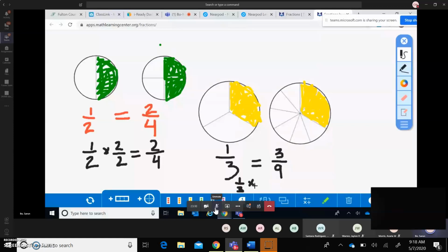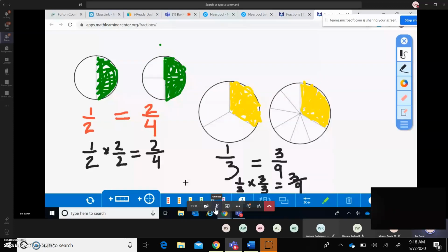I'm going to multiply by 3. Alright? And you can do the same thing with 1/3. Multiply by 2, it'll give you 2/6. And that gives you the equivalent fraction.